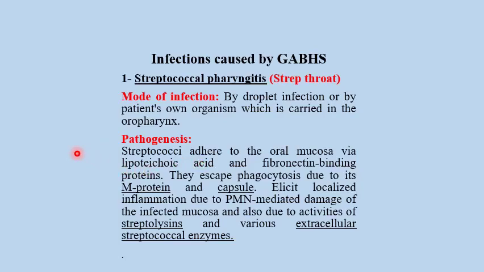We said all of this before. It elicits localized inflammation due to polymorph-mediated damage of the infected mucosa, as we said in the introduction of the streptococci, and also due to the activities of the streptolysin, the hemolysin, and various extracellular streptococcal enzymes.